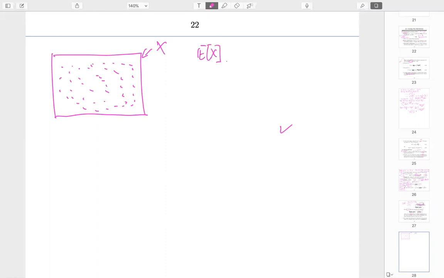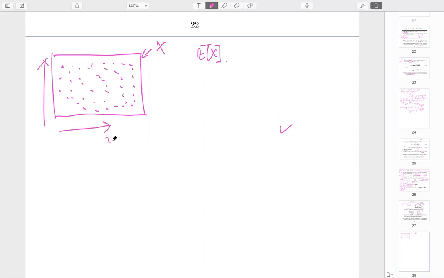How do I calculate the overall expected value of this random variable? Technically, I need to look at every single dot within this box. I need to know the value and the probability. Hypothetically, if you see this in a two-dimensional space, you have x and y.